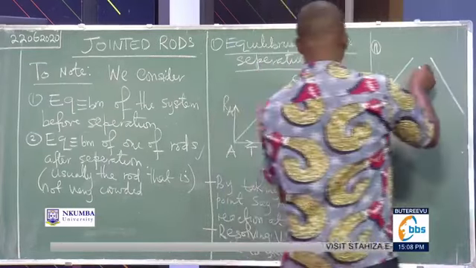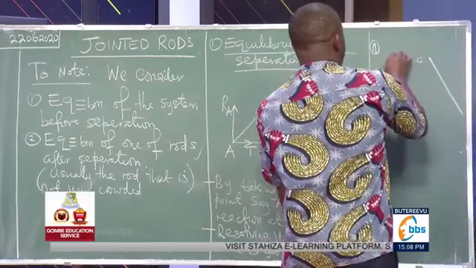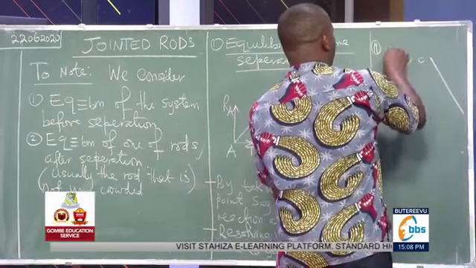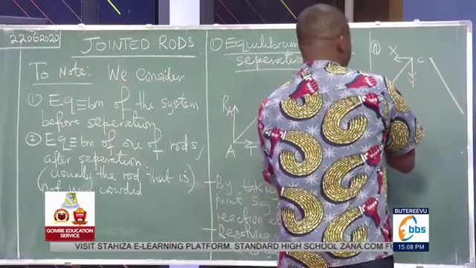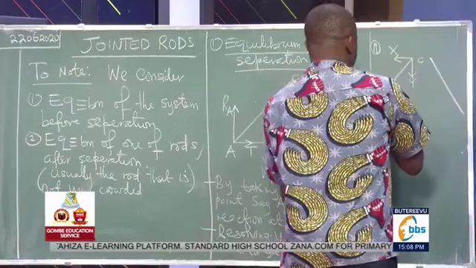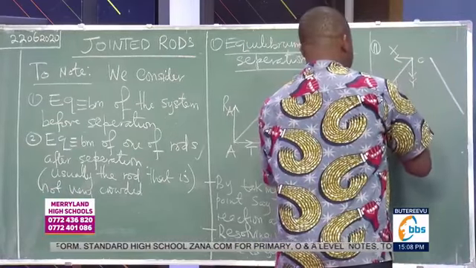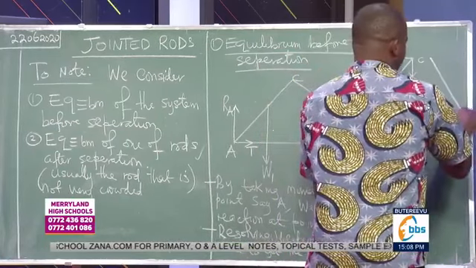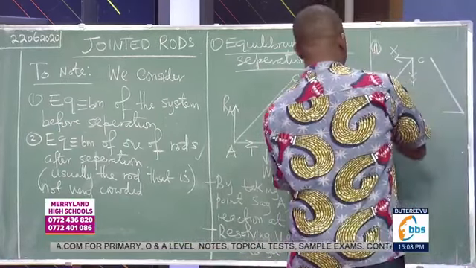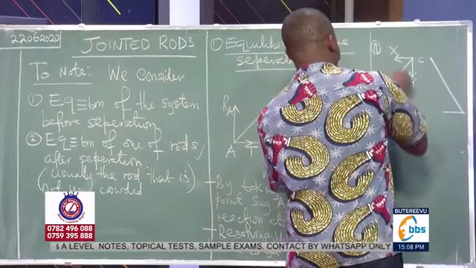When we separate the rods, this point will be C. I can choose to have one force which we shall call X, one force here which we shall call Y, and then we still have our tension over here, and we still have our weight, W1. Similarly, on this other rod, this is point A, we still have the reaction A, RA.